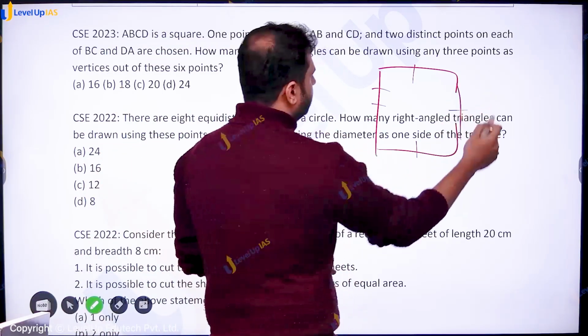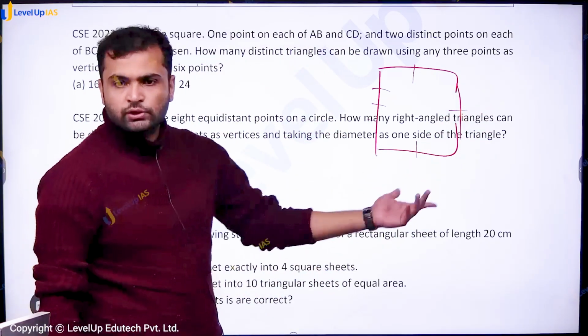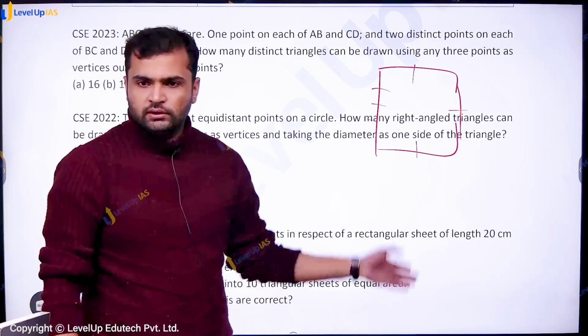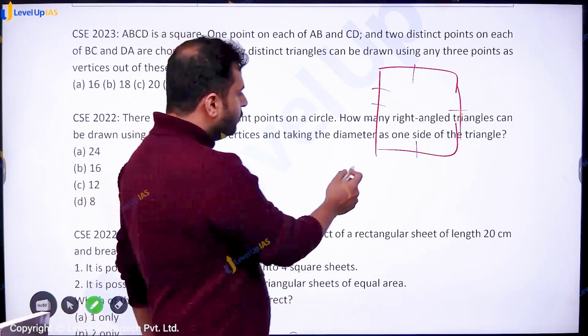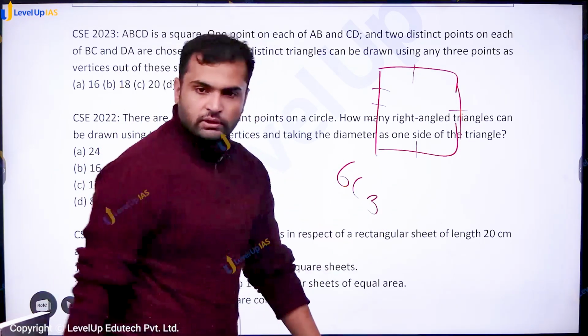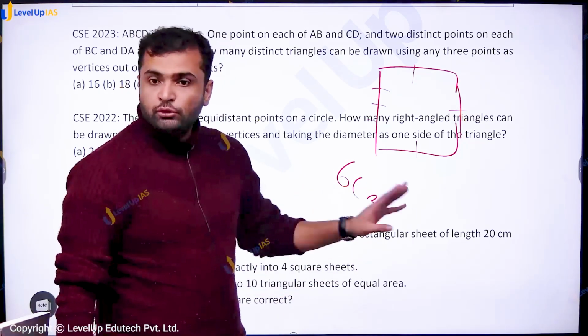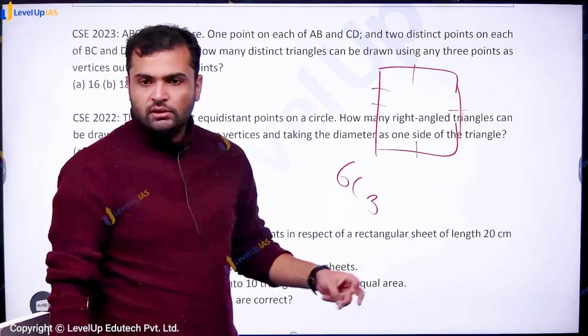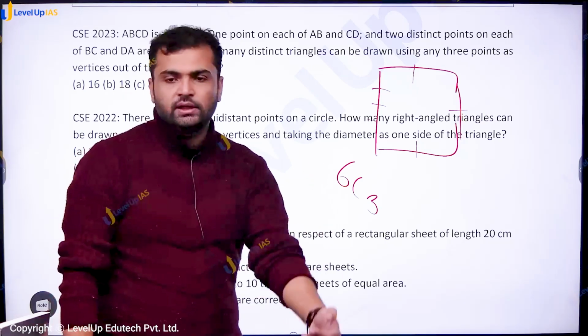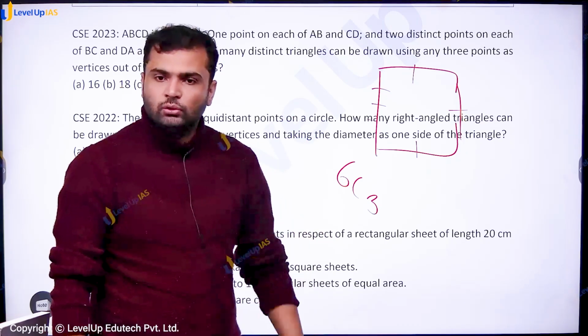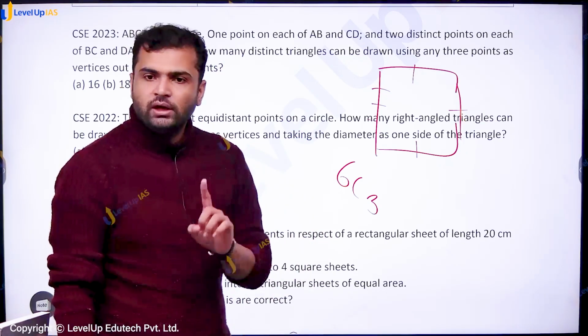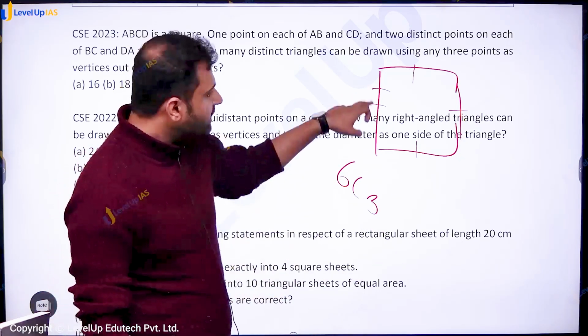So let us say it is something like this. If you have these 6 points, then I will choose 6C3, but out of those triplets I am choosing 3 points out of 6. So I am choosing 3 points once, 3 points again, 3 points chosen, again 3 points. Out of those triplets, one choice is these 3 points.